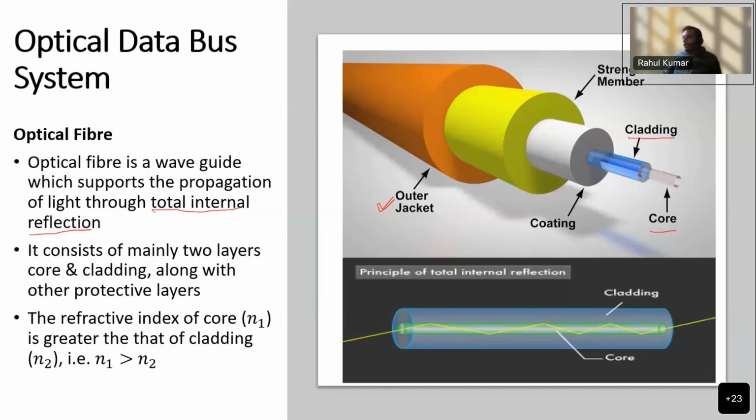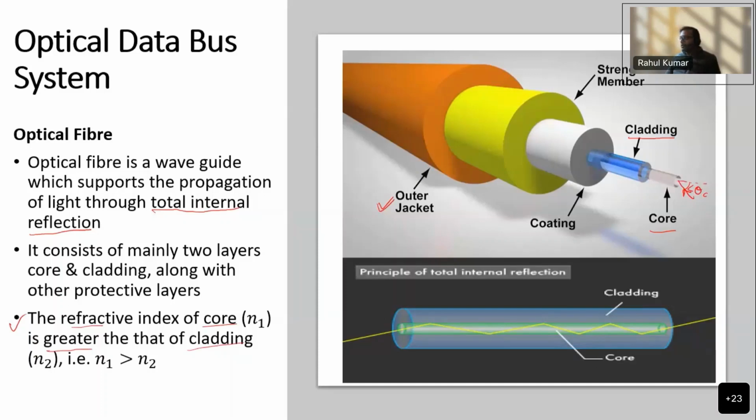Now, the refractive index of the core is slightly greater than that of the cladding. So the refractive index of the core is greater than that of the cladding, and the ray of light is incident into the core at an angle greater than the critical angle.